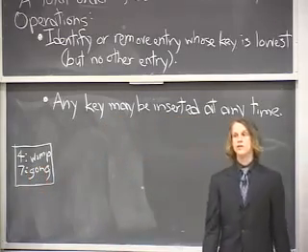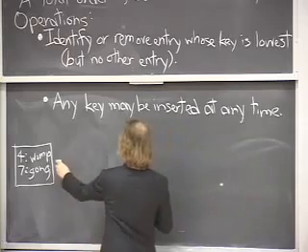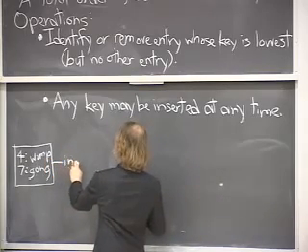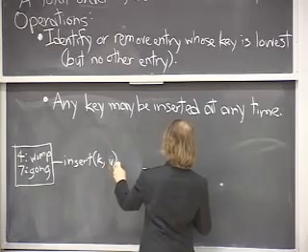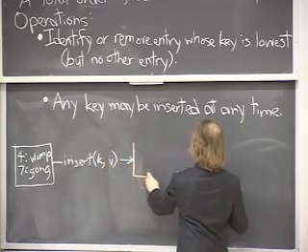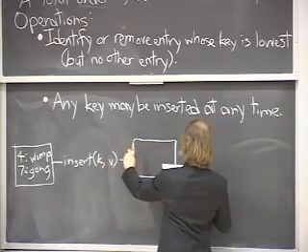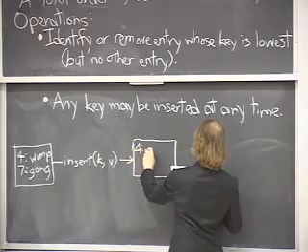And so one thing I can do is insert, like I said, any key at any time. And so there's an operation, insert. You provide a key and a value, and that modifies the priority queue so that it contains your new information.